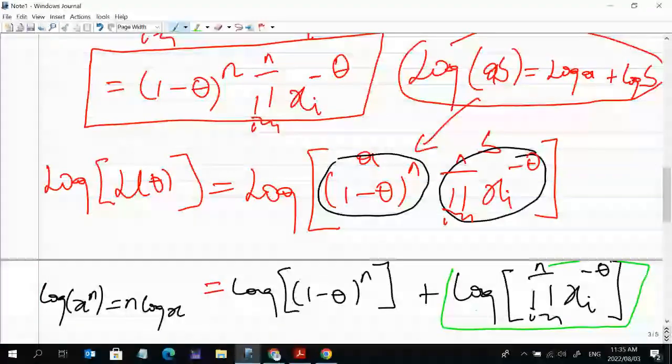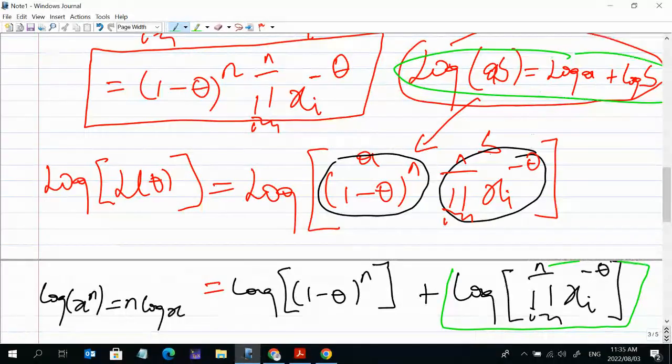So we are going to have the log of x1 to the power minus theta, plus the log of x2 to the power minus theta, up to the log of xn to the power minus theta. That is nothing but the summation of the log of xi to the power minus theta.